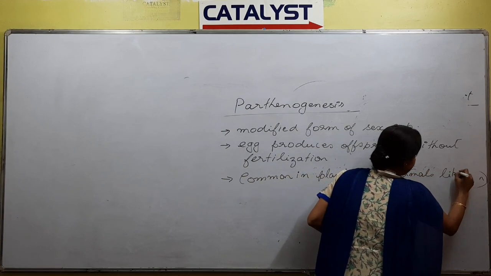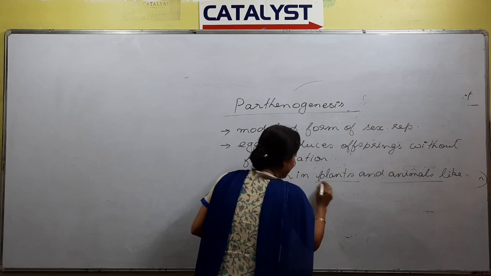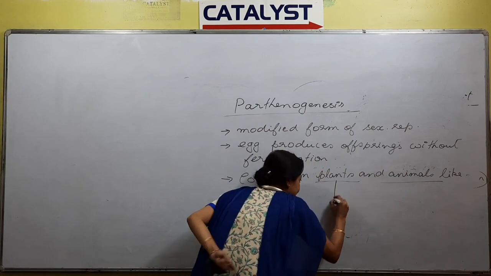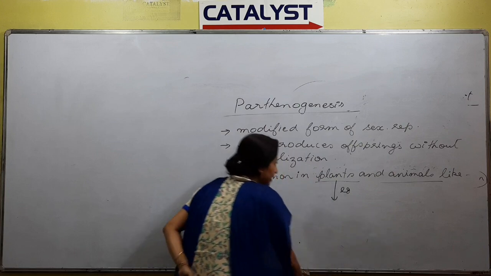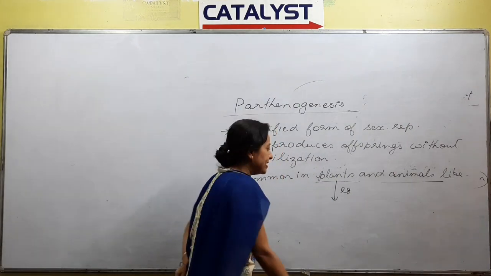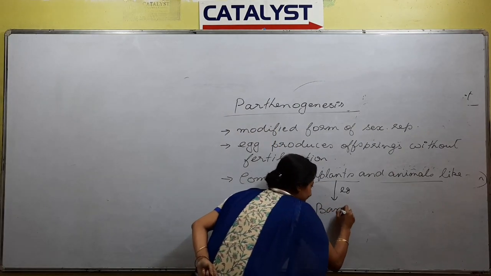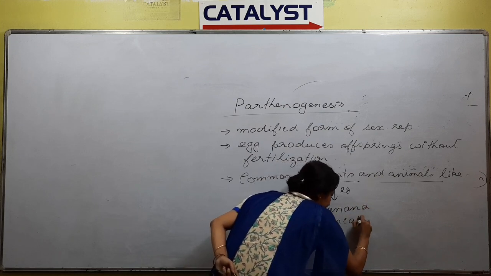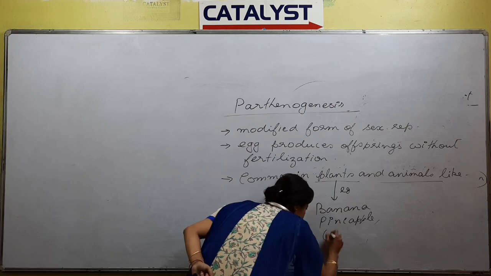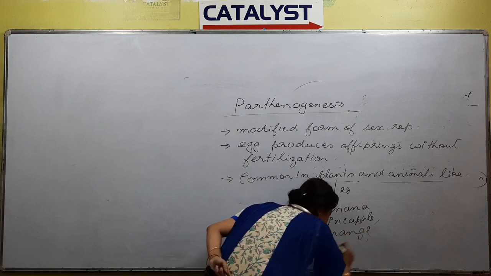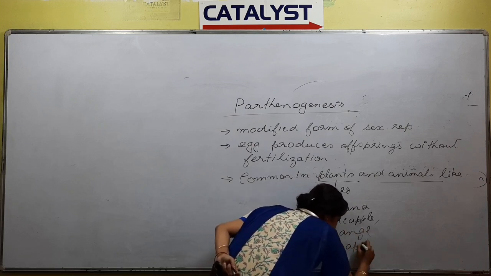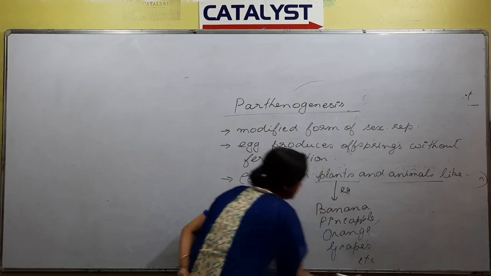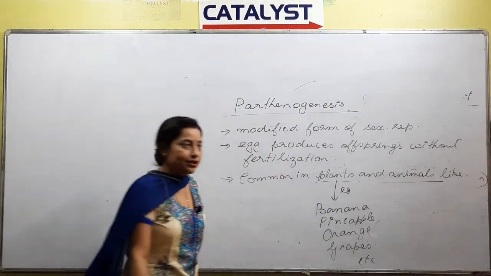like ami examples kisuman janibo lagibo plants or kisuman animals or plants or kisuman examples parthenogenetically. Yeah, the best example is we always talk about banana, no? Banana, pineapple, orange, grapes, etc. These are certain examples of parthenogenetically produced plants.